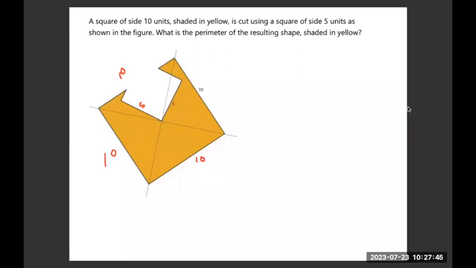Twisha, right answer. Ashvi, Kashvi, Vaibhavi, Maitri, correct answer.